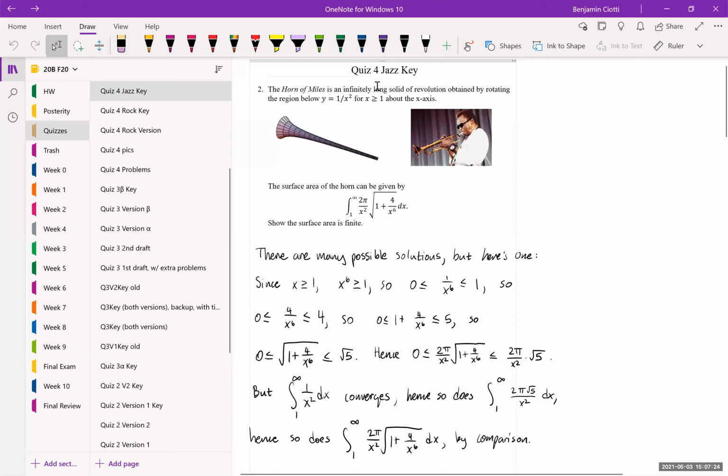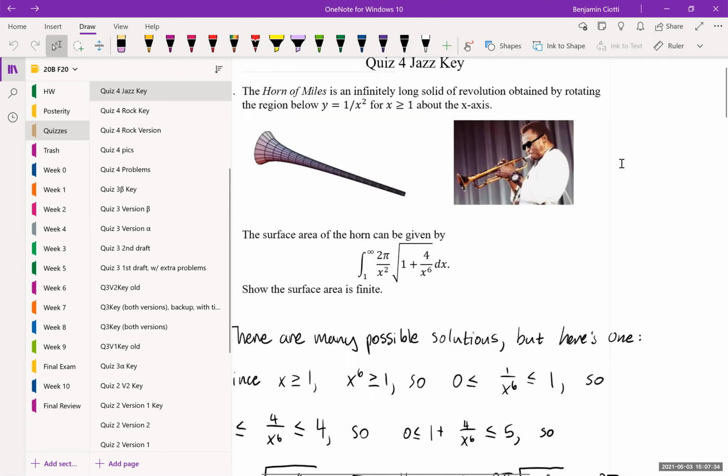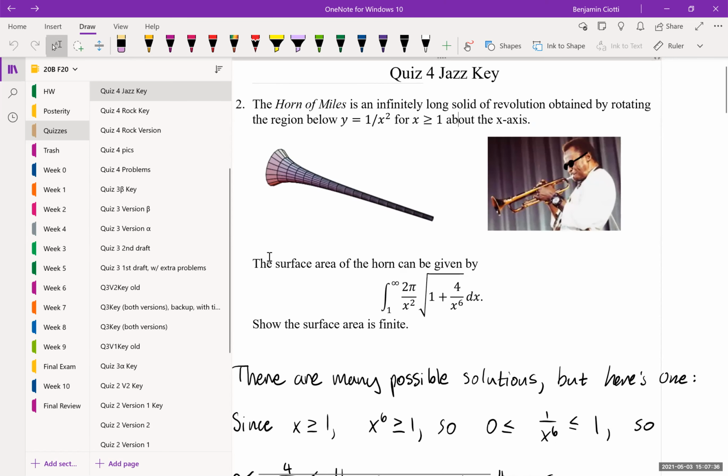I gave a variation on that problem. I called it the Horn of Miles, because it's miles long, and there's Miles Davis. Here's an equation which my 20B students could not justify.